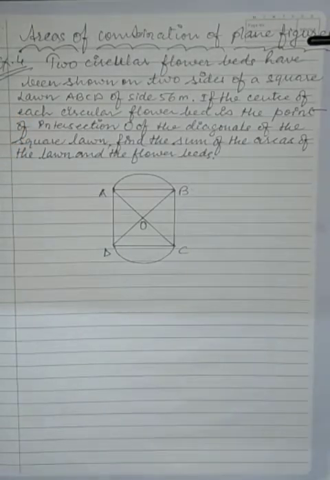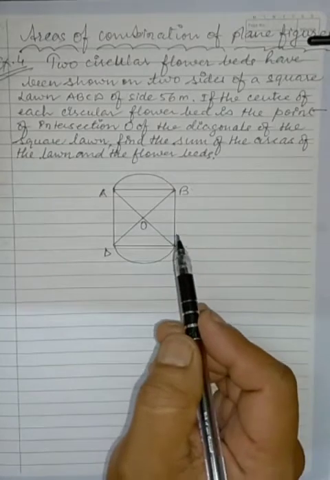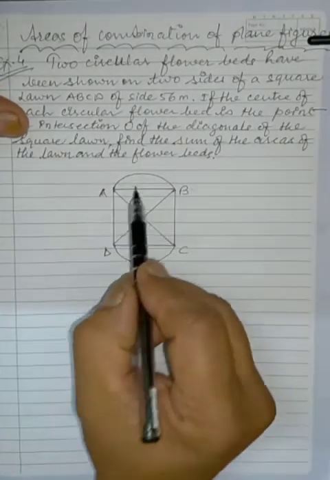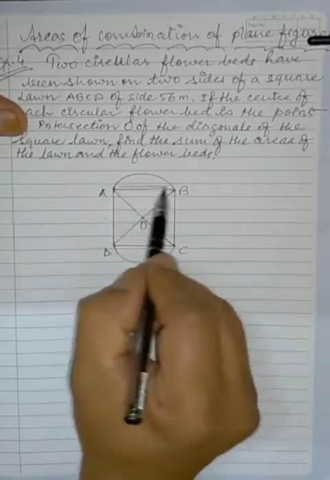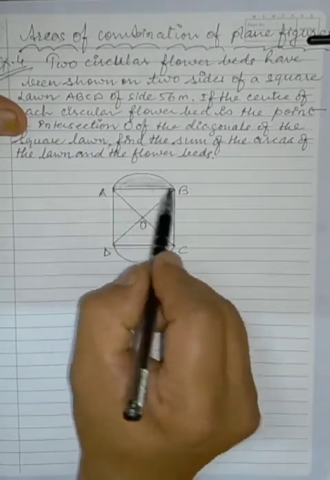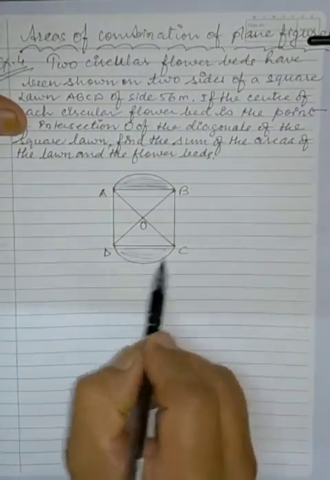So we have to find out the area of flower beds. This is the flower bed and this is the flower bed.